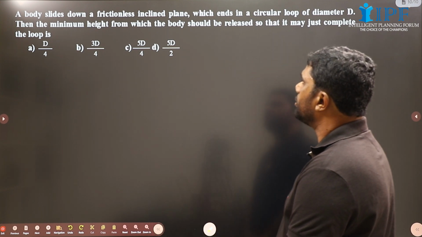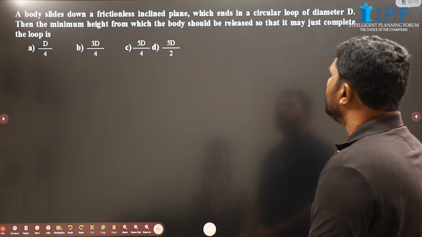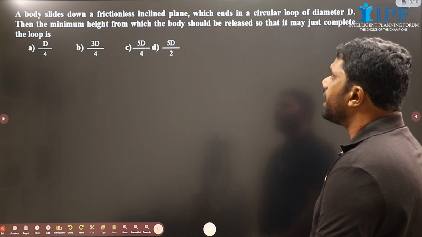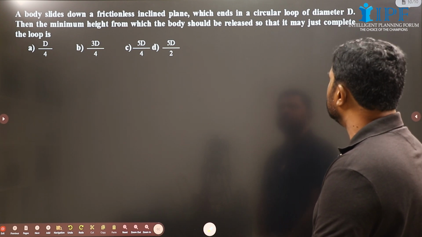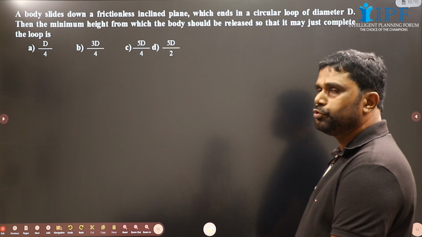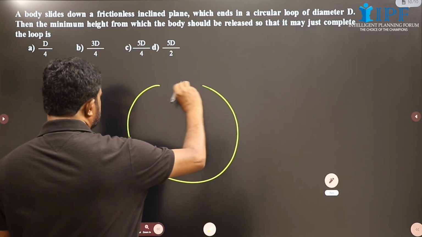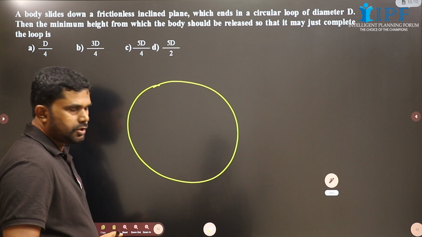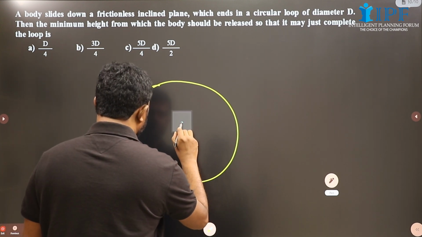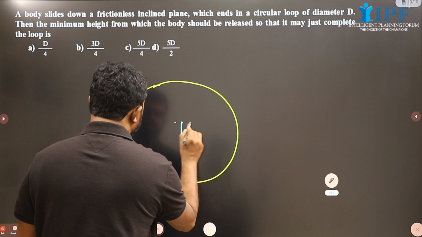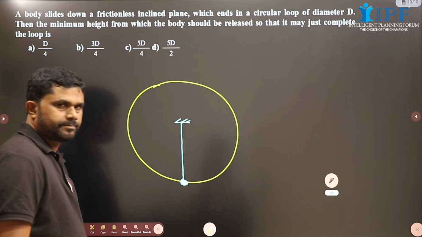A body slides down a frictionless inclined plane which ends in a circular loop of diameter capital D. Then the minimum height from which the body should be released so that it may just complete the loop is? See, in vertical circular motion, suppose a body is hung from a rigid support by means of a string.